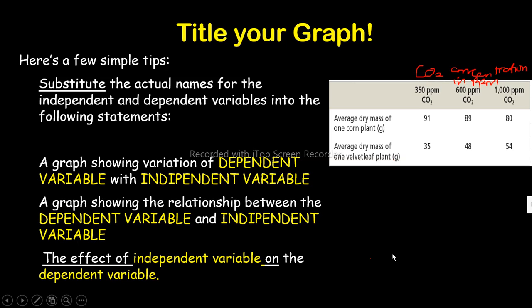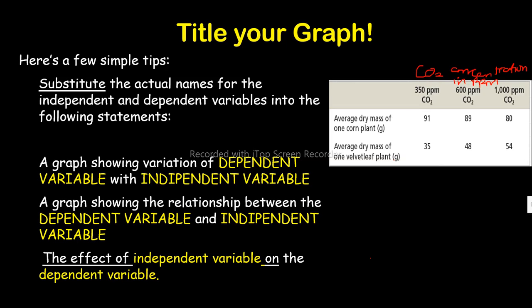So you simply say a graph showing variation of the dependent variable, the average dry mass of one corn plant and one velvet leaf plant, with carbon dioxide concentration. As simple as that.